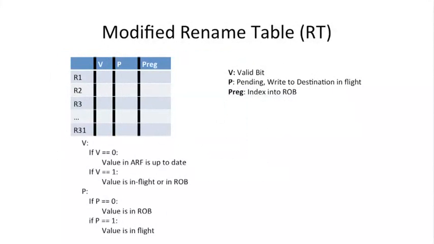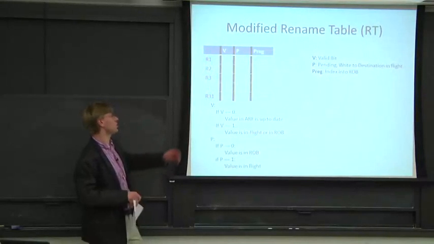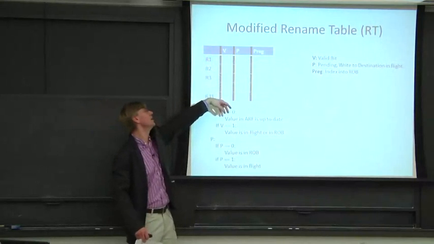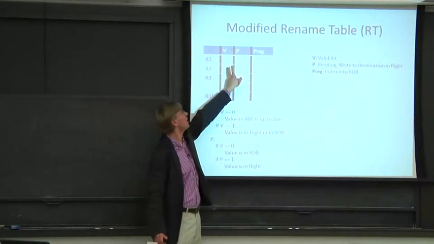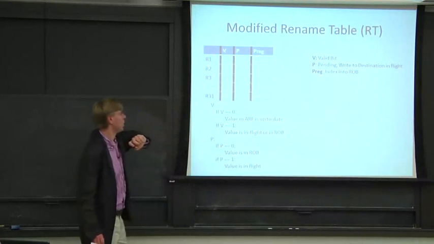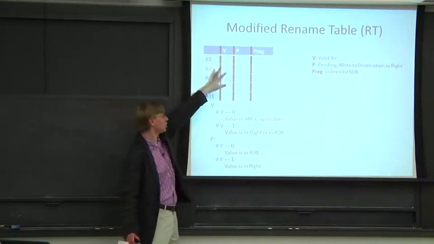OK, so the rename table also changes a little bit, not as much as the other structures. It's still indexed by the register. We're looking for register 2, we'll say. It'll tell us where to go look for that.